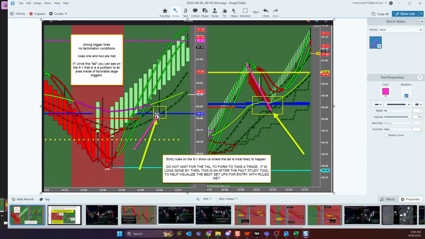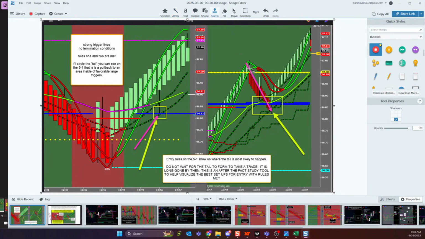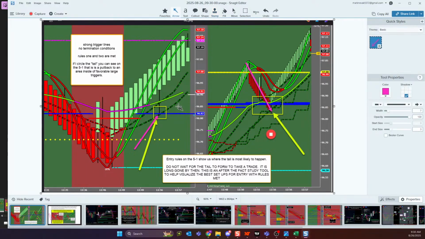We don't trade the tail. We trade the pullback to the area inside of triggers. Because you wait for the pullback, you'll have the least amount of risk possible. Because you wait for the pullback, ladies and gentlemen, you will have the absolute furthest room to get to your target. Less risk, more profits, and it's just one pattern.